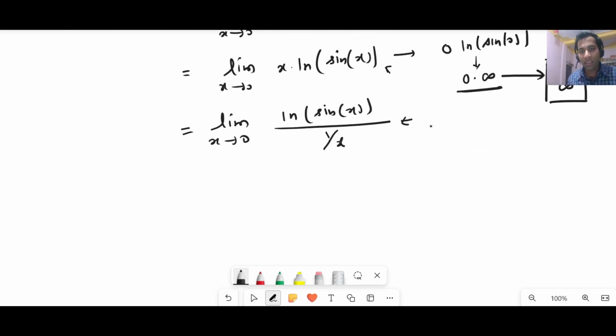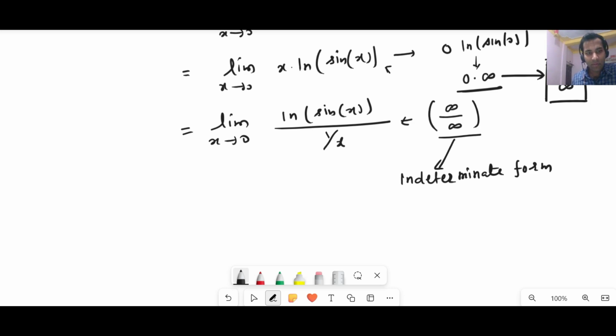If I put the limit here, it will give infinity by infinity. So now we will use L'Hospital, so that it becomes an indeterminate form. This is the indeterminate form.